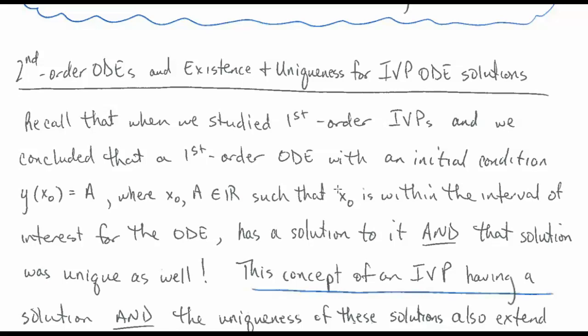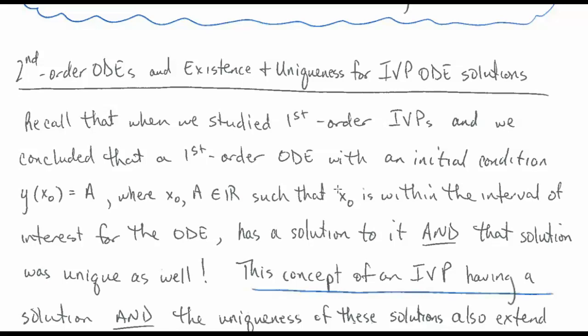I'm just going to say that if I have a second order ODE, regardless of whether it's linear or not, and I have some initial conditions with it, in order for me to find a particular solution, I'm going to have two initial conditions.